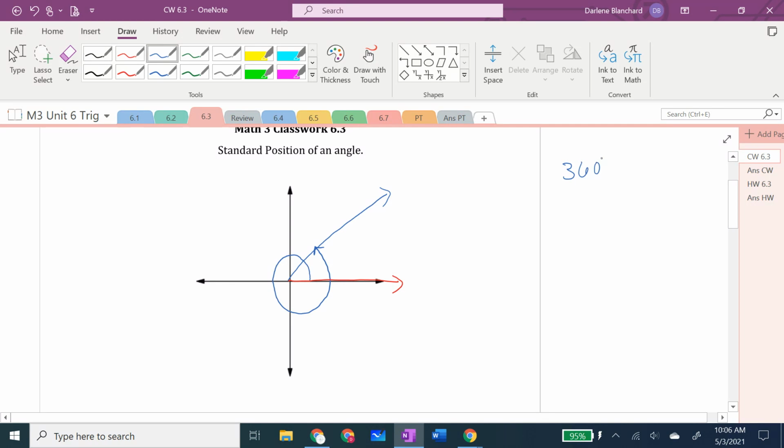The full rotation is 360 degrees. Going halfway through quadrant 1 is 45 degrees. So how many degrees is that? You got it. So you're saying if you go all the way around, plus 45 degrees. Yep. And that would be 405 degrees.